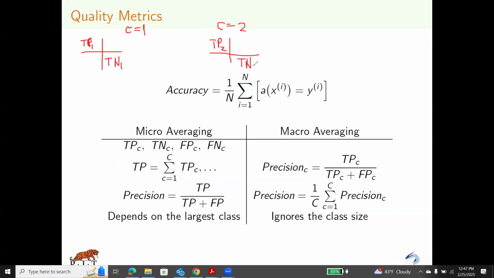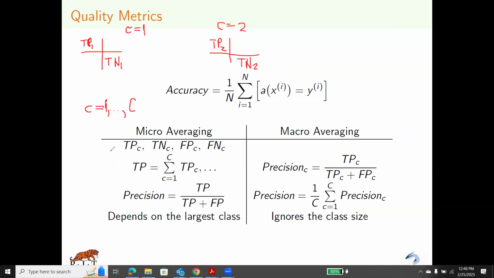And we can calculate these confusion matrices for every class. So C goes from 1 to capital C. We have capital C classes. Then we can calculate C matrices: true positive, false positive, and so on. Then there are two ways.